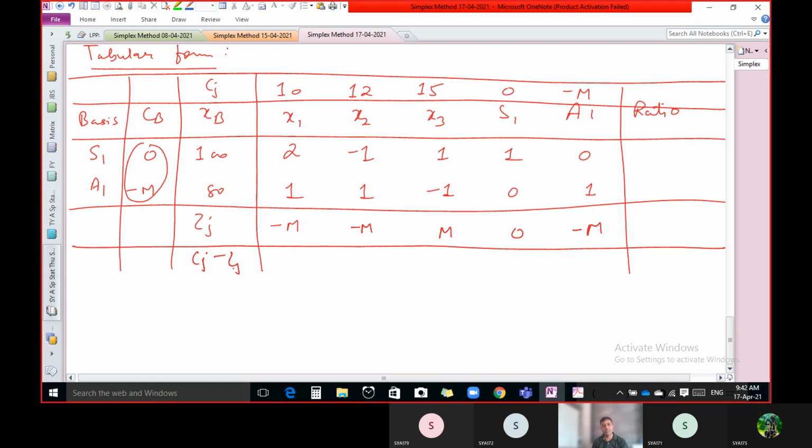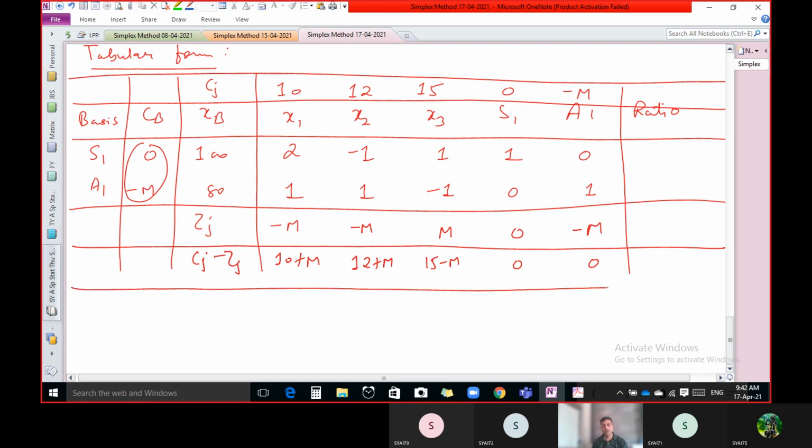Now Cj minus Zj. So 10 minus minus, so plus, 10 plus M. This is 12 plus M. 15 minus M. Here 0 minus 0, 0 and minus M minus minus M is 0.